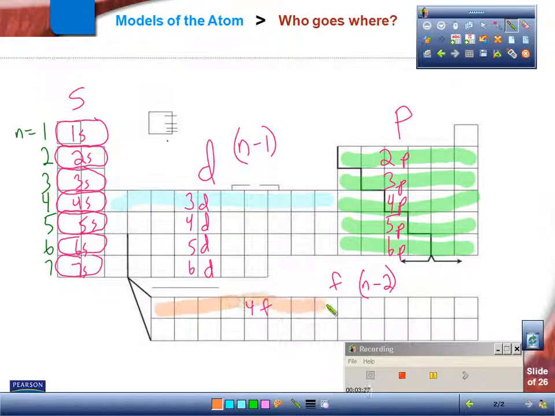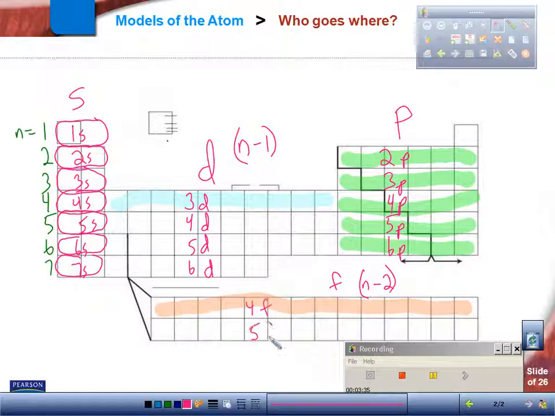So this whole thing is the 4F sublevel. And then right below that, this is on the 7th, but I'm going to subtract 2. 7 minus 2 is 5F. Okay, so those are the sublevels, and if you can do that, that's a good part of what you have to do. So now let's do a few electron configurations.